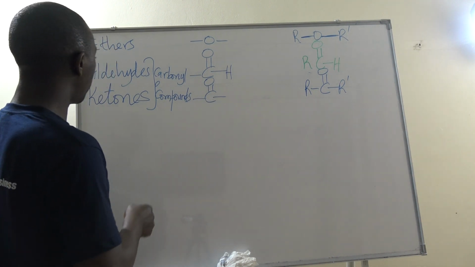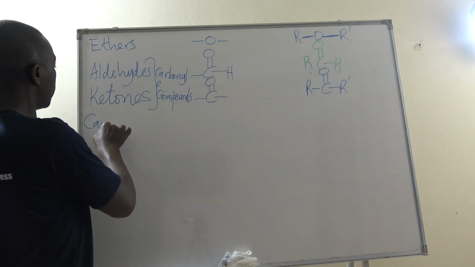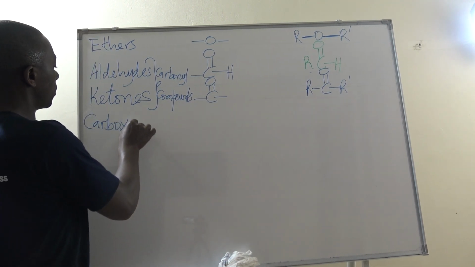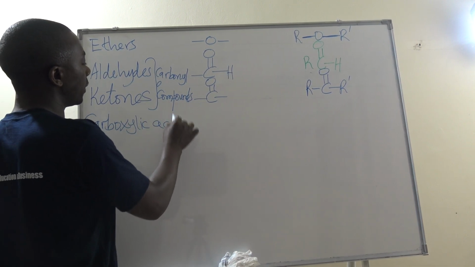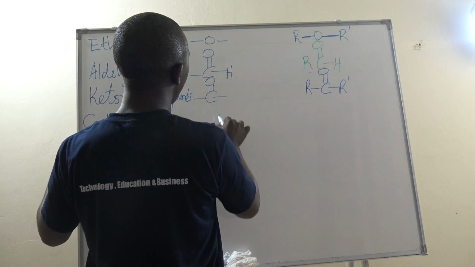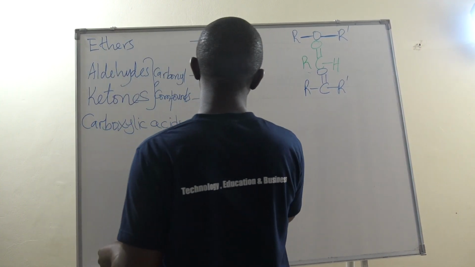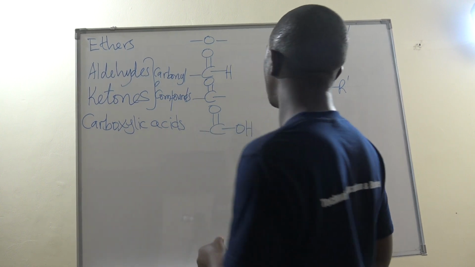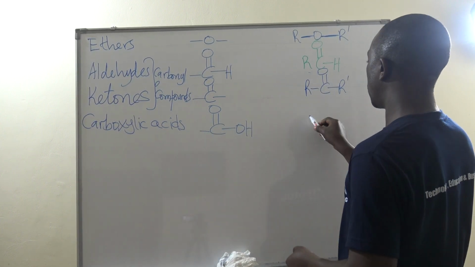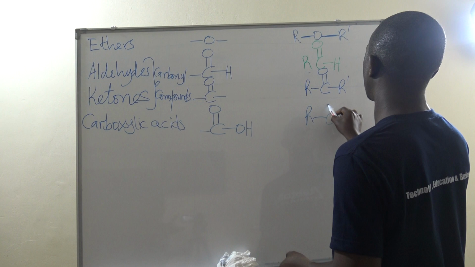Now, from there we proceed to carboxylic acids. That's the functional group of carboxylic acids, and this is an example.